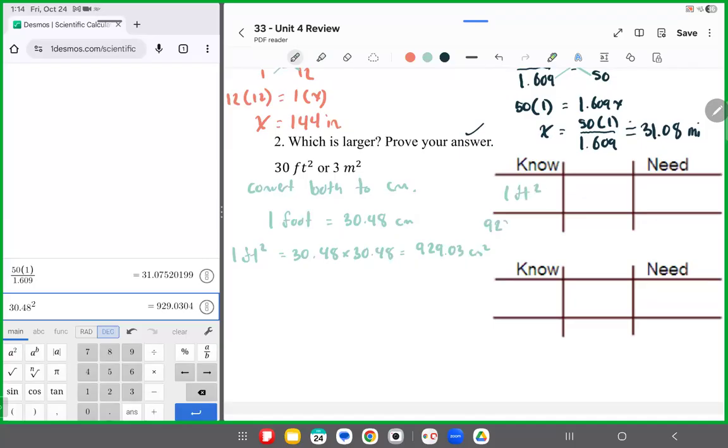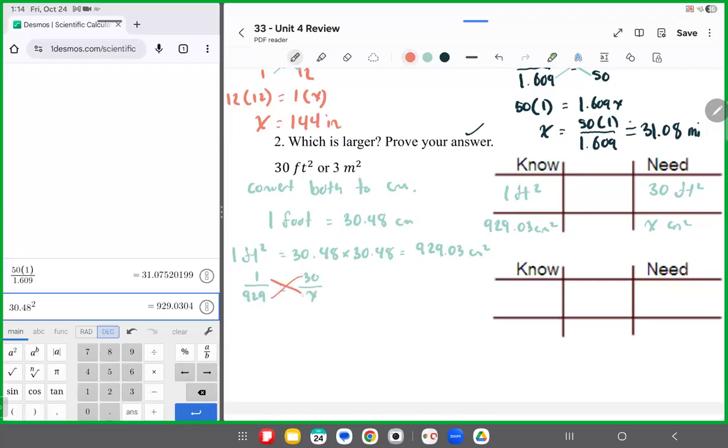Okay. And so if I know that 1 foot square, or a square foot, is equal to 929.03 centimeters squared, then I'm curious as to how many centimeters are involved in 30 square feet. So solving this ratio, we have 1 over 929 is equal to 30 over x.